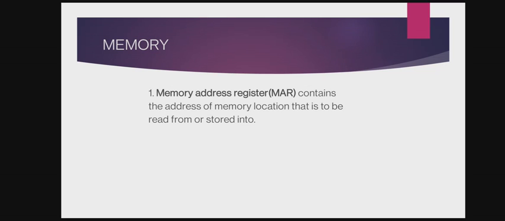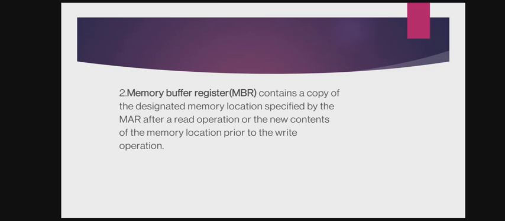In memory, the memory address register, MAR, contains the address of the memory location that is to be read from or stored into. Memory buffer register, MBR, contains a copy of the designated memory location specified by the MAR after a read operation, or the new contents of the memory location for a write operation.